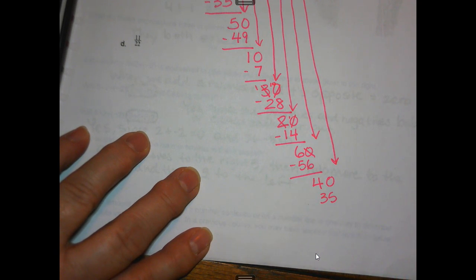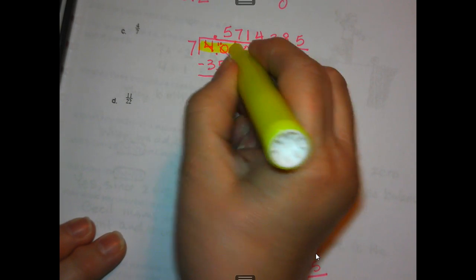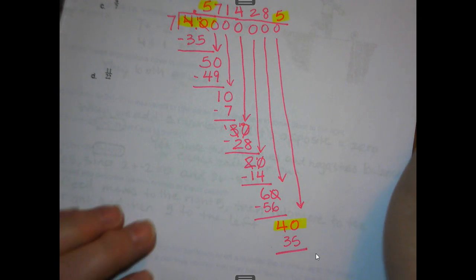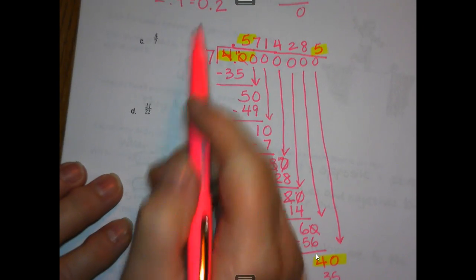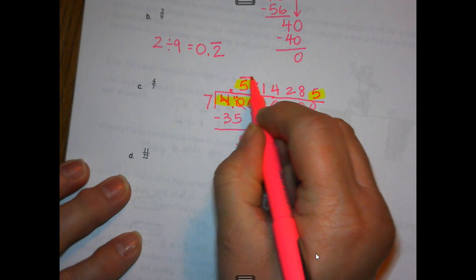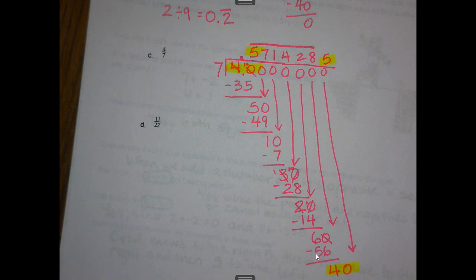This time, though, with our repeating, we have our 40 up here and our 5, and we also have a 40 down here, and we have a 5. So we're starting to repeat again. Sometimes repeating decimals have just one number that we have the repeating bar over, like we had in the previous problem. Sometimes the repeating bar needs to go over a bunch of the numbers in the decimal places.